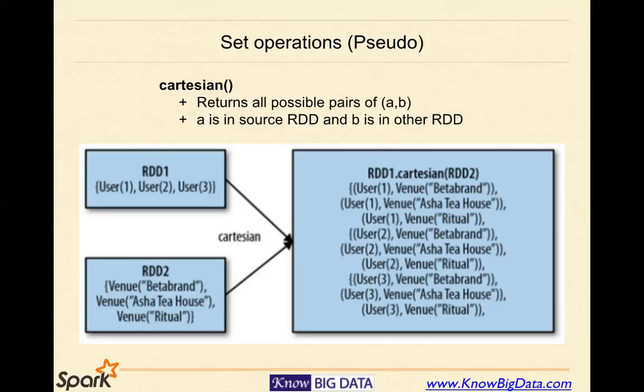So 10 records into 15 records is 150 records in the output. Same here. We have RDD1 having 3 records, RDD2 having 3 records. The output is 9 records: user 1, venue 1, user 2, venue 2, user 3, and venue 3. All the permutations are created.